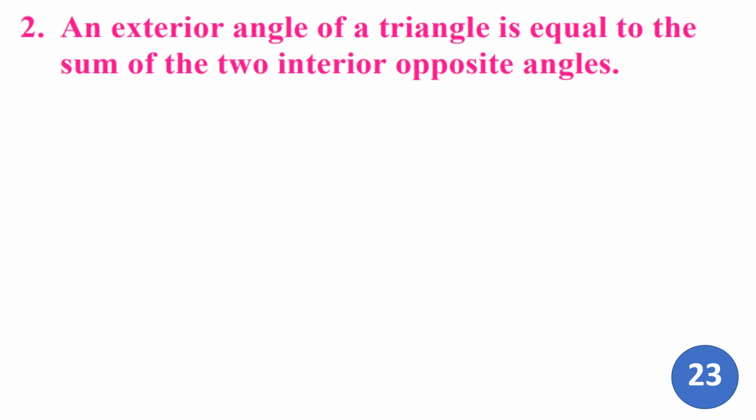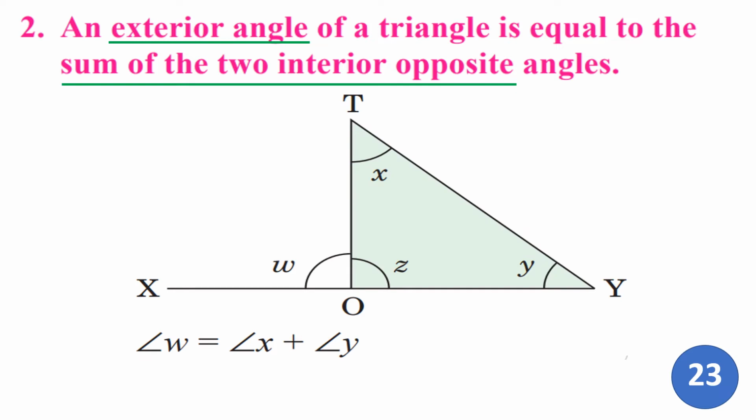Okay, number 2. An exterior angle of a triangle is equal to the sum of the two interior opposite angles. Okay, students, look here.